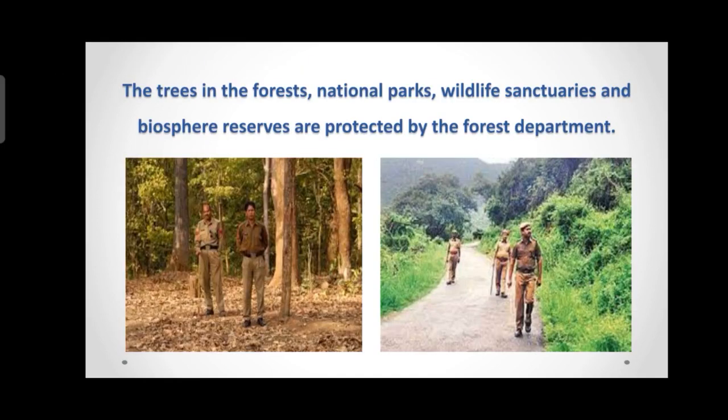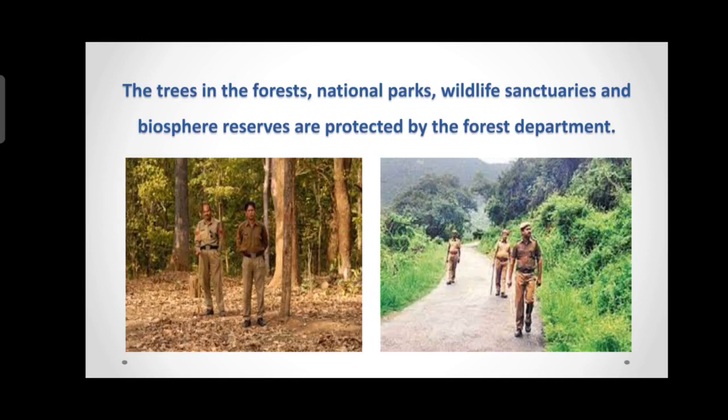The trees in the forests, national parks, wildlife sanctuaries and biosphere reserves are protected by the forest department. Now, what are national parks, wildlife sanctuaries and biosphere reserves? National parks are the natural parks that are designed and developed by the government for the conservation of wild nature.